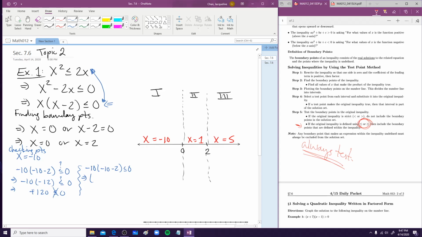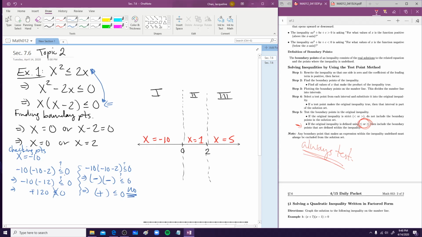So over here, I don't have to solve for anything, so this is just a negative. And negative 10 minus 12, that will also give me a negative. I know that when I multiply a negative by a negative, I get a positive. Is a positive number less than or equal to 0? No. Okay, so because it's not, this is not included.